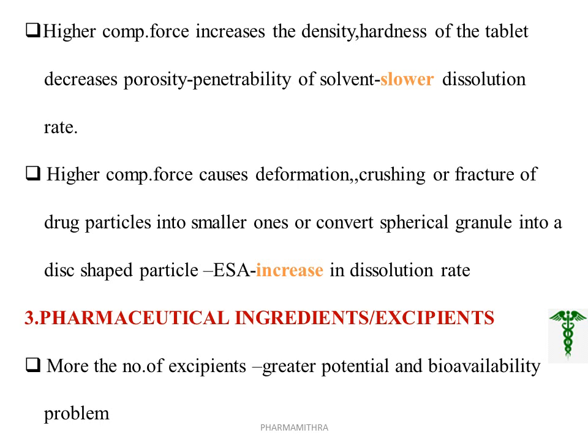This is the type A curve and this is the type B curve, and in some cases a combination of both curves A and B is also possible. In short, the influence of the compression force is difficult to predict, and a thorough study of each formulation is very important to ensure a better dissolution rate. Third factor, dosage related factor, is pharmaceutical ingredient or excipient or formulation factors.